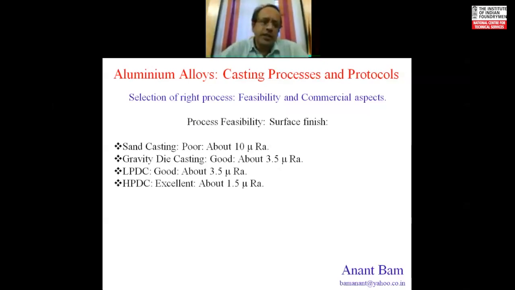There is a misconception amongst gravity die casters especially that this powder coat needs a rough die surface for proper anchoring. But as I said, it is a misconception, because the anchoring itself does not happen. It is the sticking of the coating to the surface. And that sticking is through the binder, which is embedded in the coating assembly.